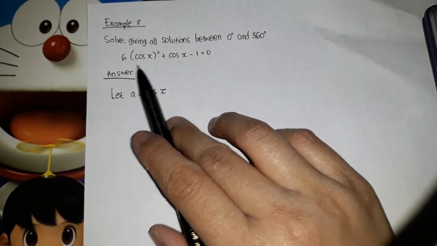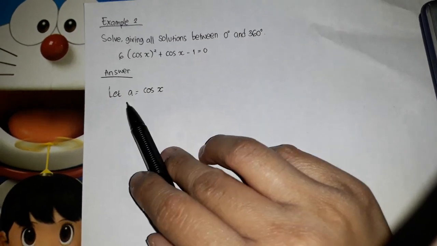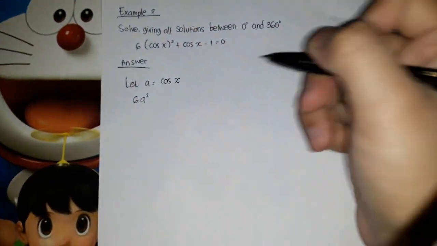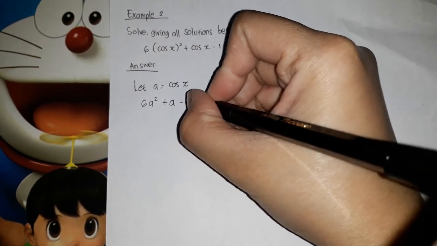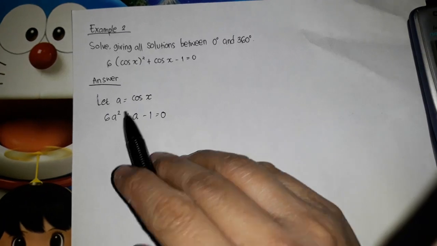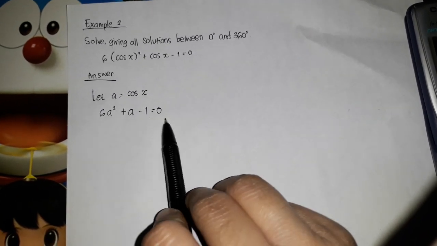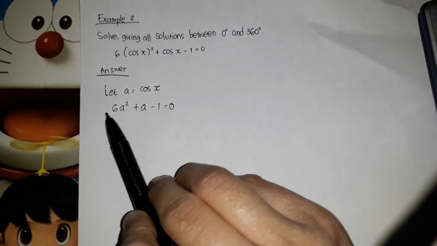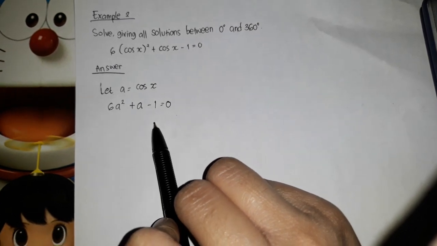So we only have to replace cos x with a. So it becomes 6a squared plus a minus 1 is equal to 0. And it is a quadratic equation.